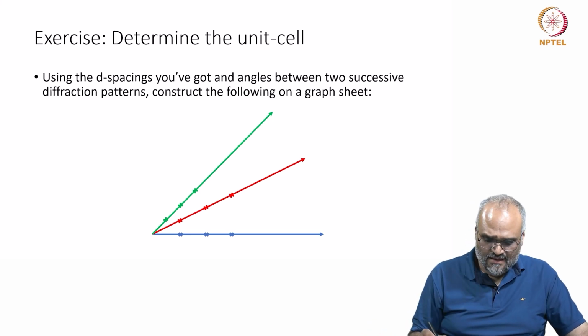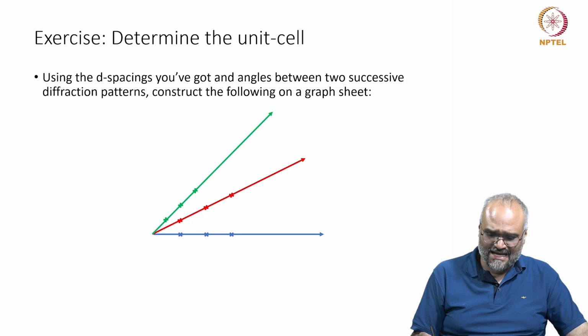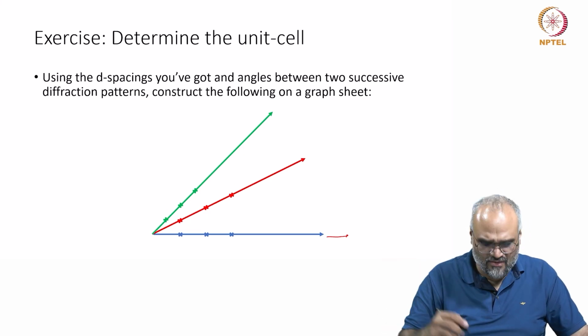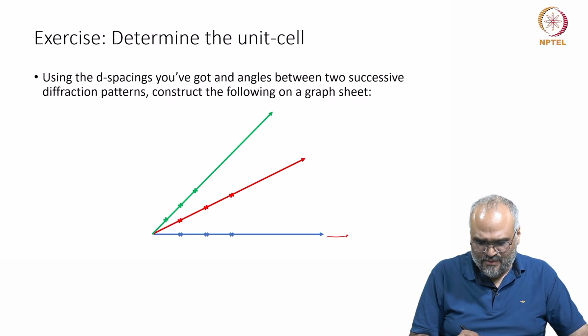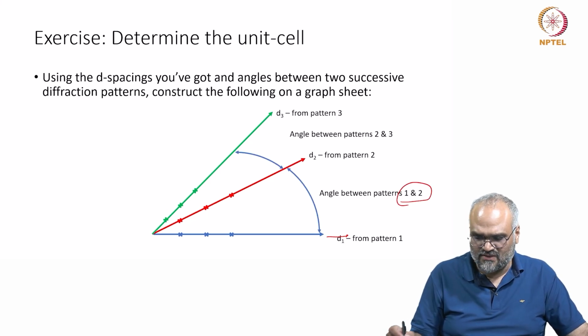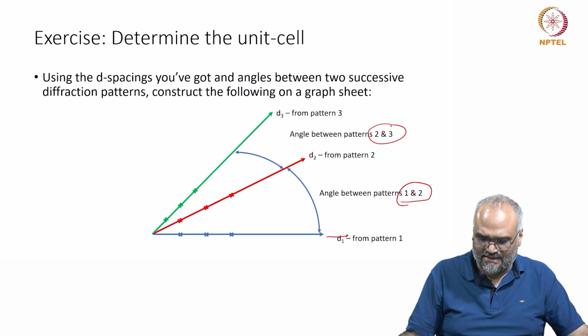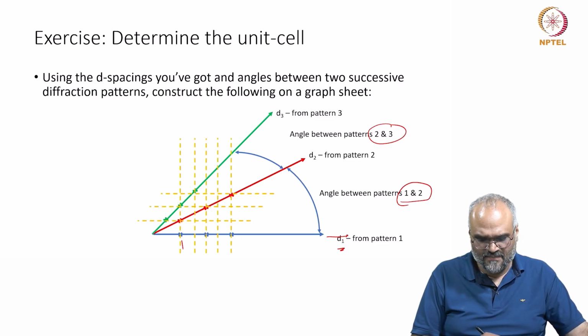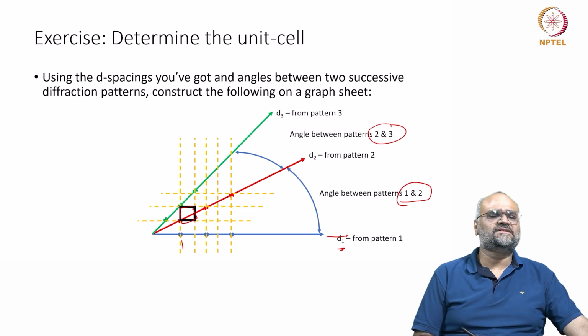I fix one of the reflections as the horizontal axis, and from this, let us say I tilt through some angle, say I can see that this is approximately 26 degrees among these two, and if I get this from patterns 1 and 2 and I get another set of angles from patterns 2 and 3, and if D1 is from pattern 1, D2 is from pattern 2 and D3 is from pattern 3, if I now draw the directions here and I look at the smallest repeating unit from this, this becomes my projection of a unit cell.